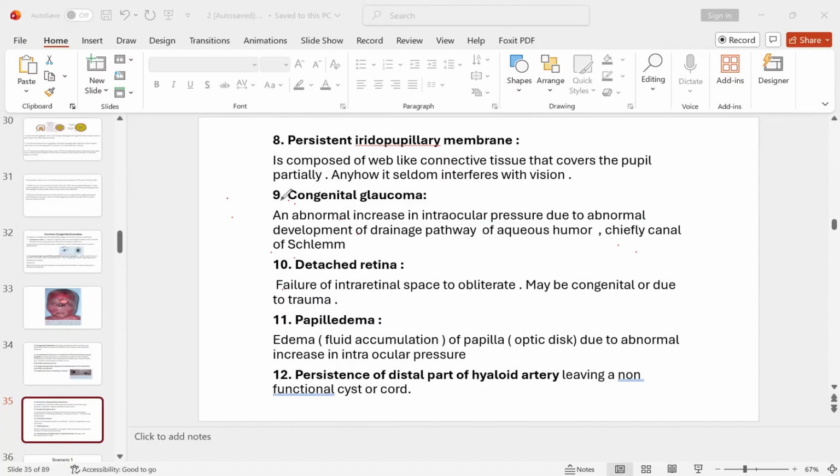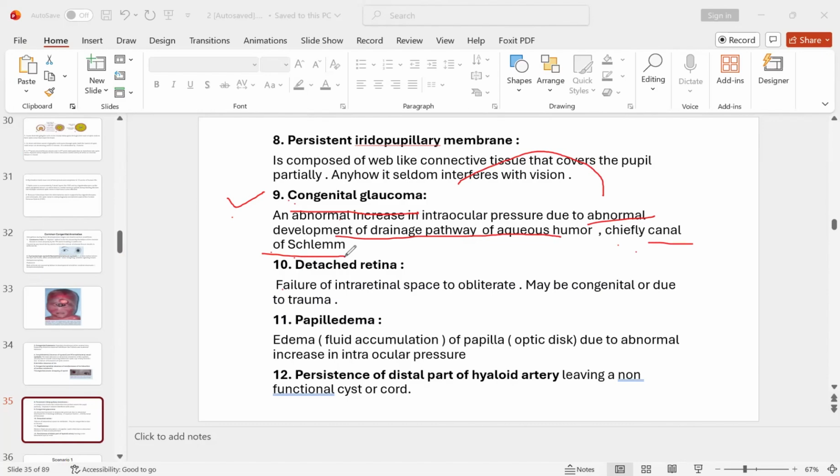So now let's move to congenital glaucoma. This condition happens when there is abnormal development of the drainage pathway of aqueous humor, and the most common structure that is affected in this disease is the canal of Schlemm. So if the drainage pathway of aqueous humor is not developed properly, then the drainage of aqueous humor is affected.